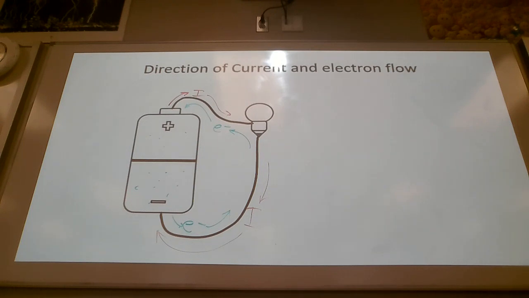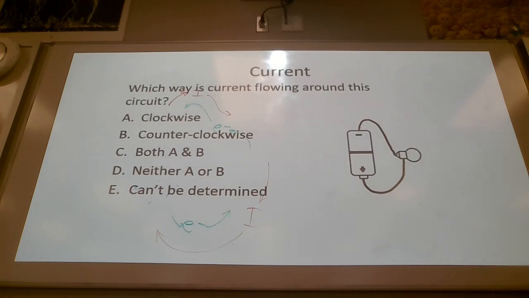If I ask you which way current is going, you're going to tell me the red, out of positive into negative. If I ask you which way the electrons are flowing, you're going to tell me the green, out of negative into positive. Sorry, that's just the world we live in. I tried to fix it. Someone more important than me needs to fix that.